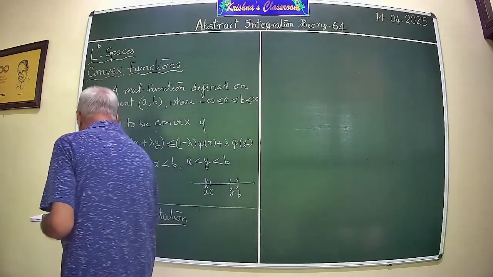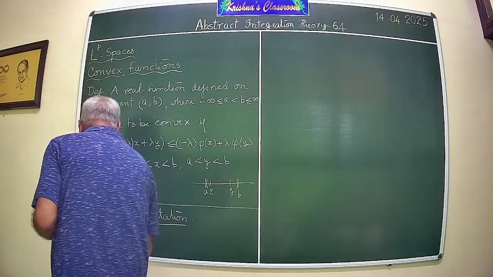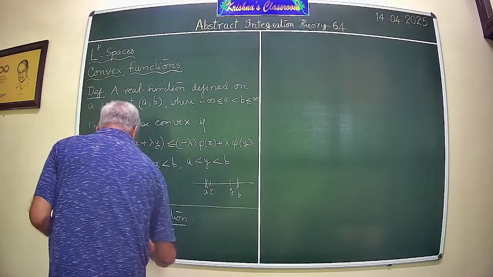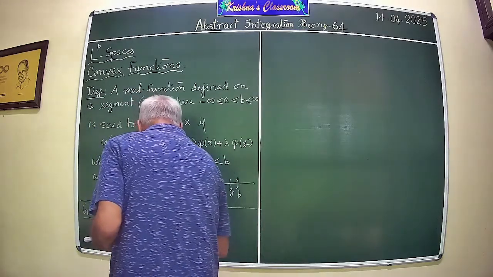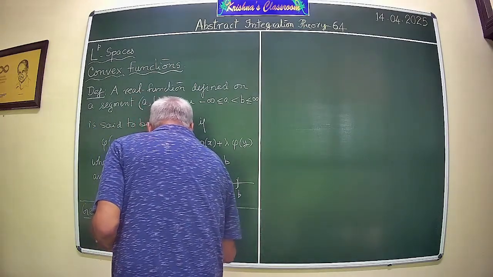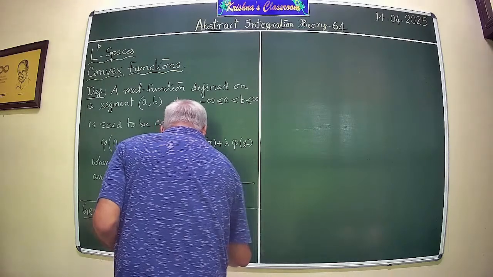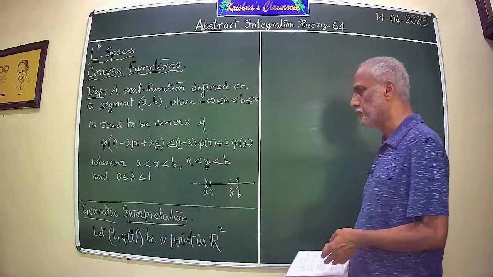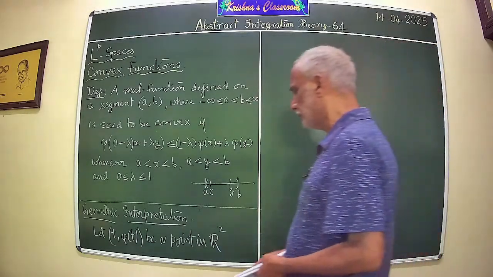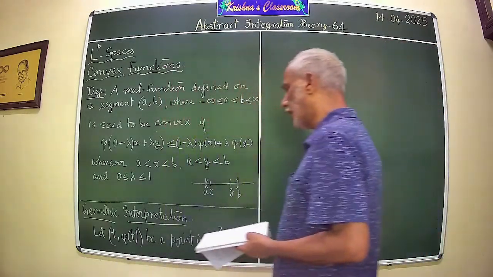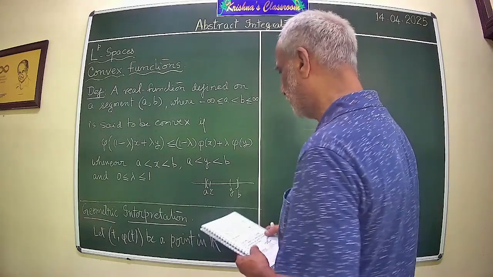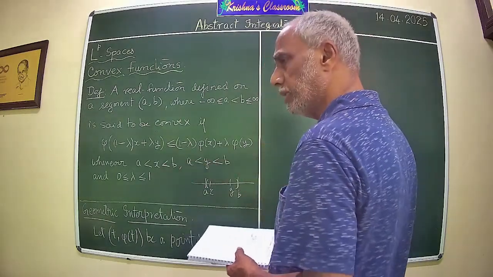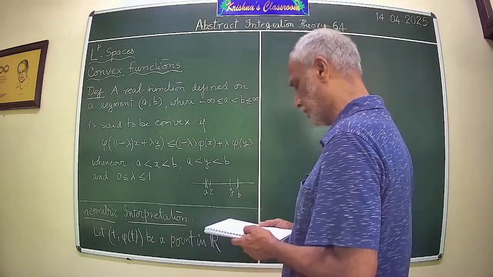Let us consider, for whatever t, this phi is defined. So t lies between minus infinity and plus infinity in general.